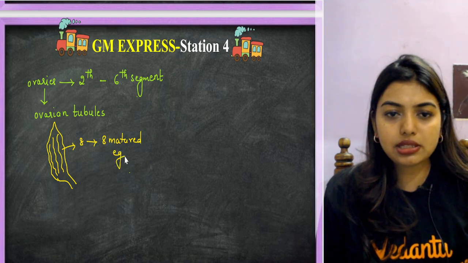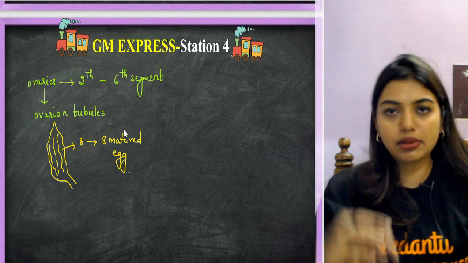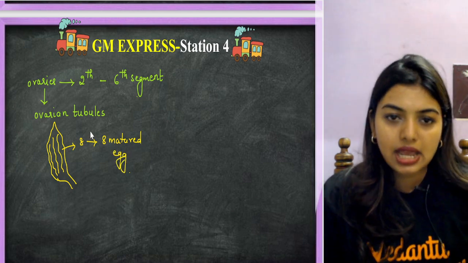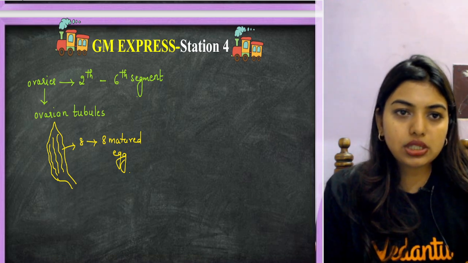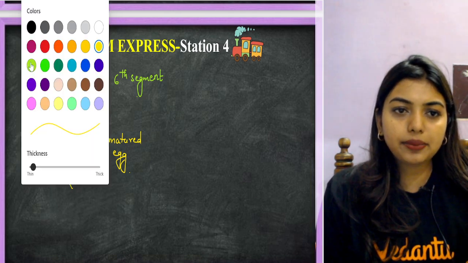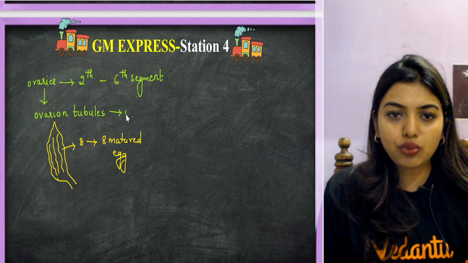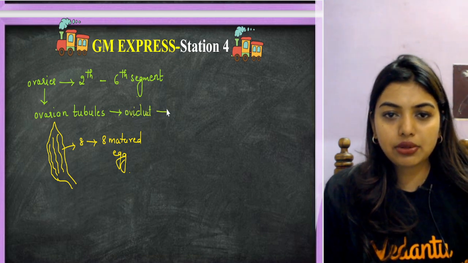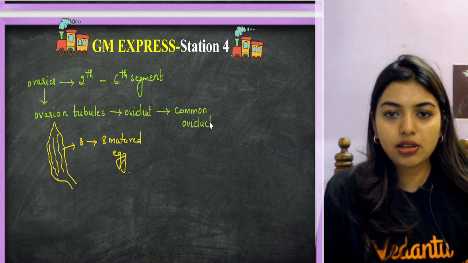Matured eggs means the developed ones. Okay, 8 matured eggs. Now these ovarian tubules will pass the egg to the oviduct. From the oviduct it will come to the common oviduct, which is called the vagina.